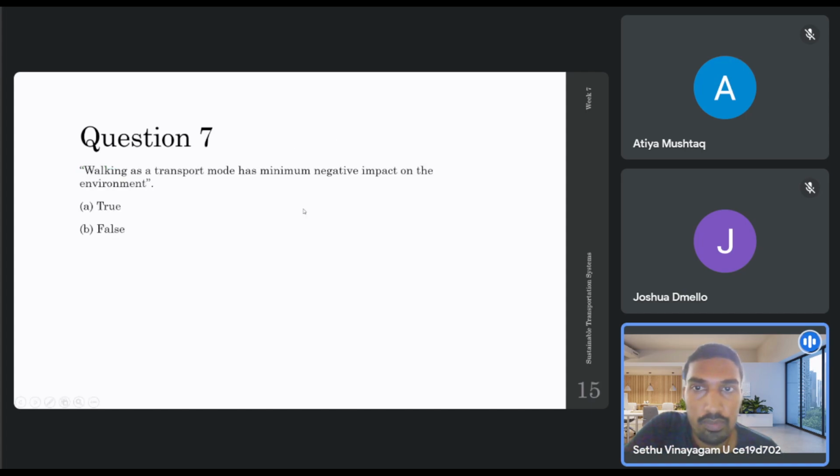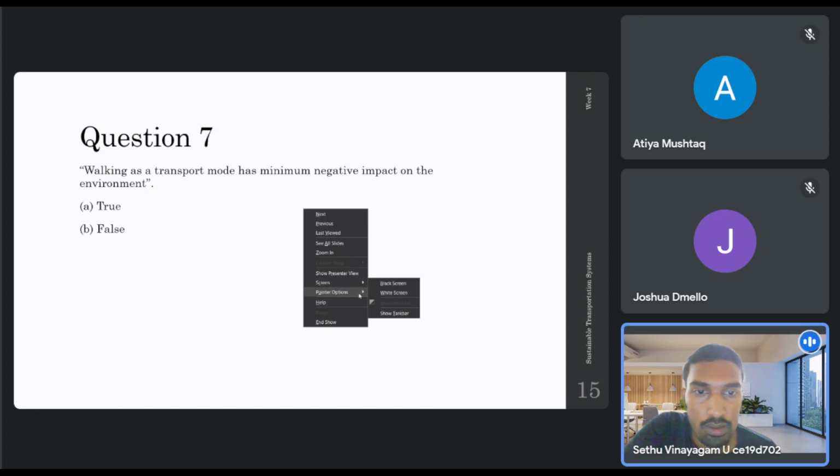Okay, so we are talking about walking as a transport mode, right?